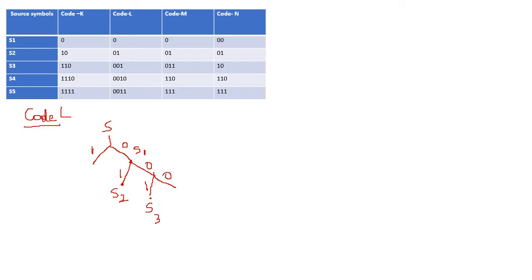Then again you have 0, 0, 1 and this particular state needs to be branched. So we'll try to branch this S3. So we'll have 0 and 1. Now what is 0, 0, 1 and 0? Okay, 0, 0, 1 and 0 will be the state S4. Next 0, 0, 1. Again I need to branch this node which will be 0 and 1.